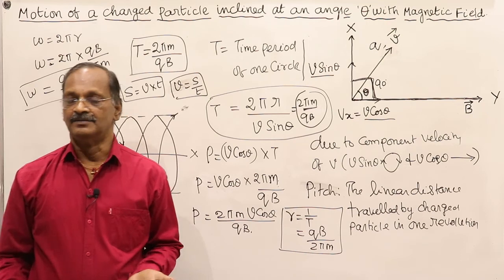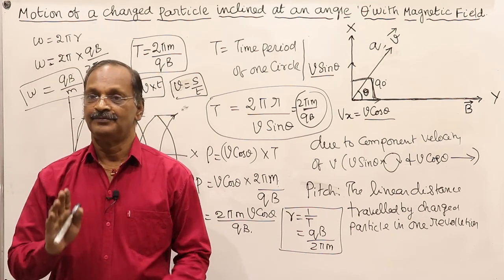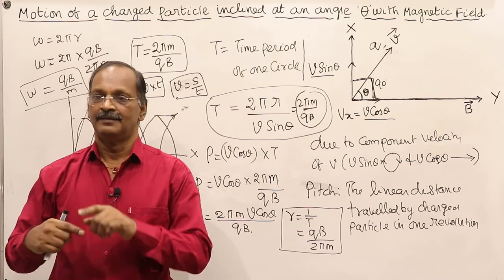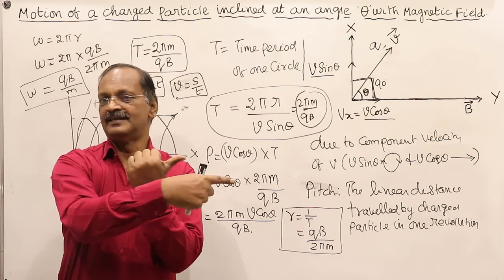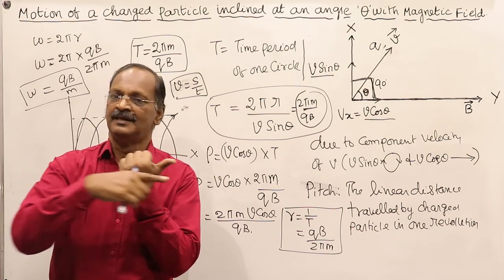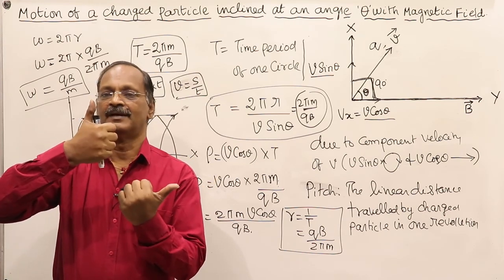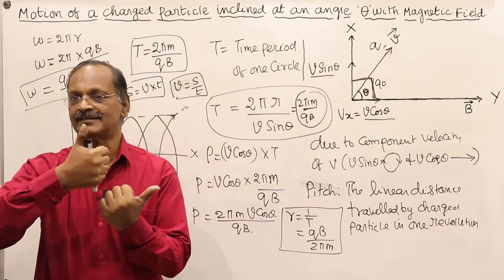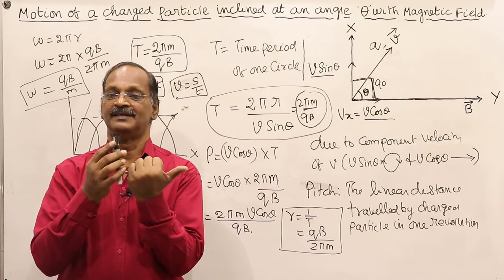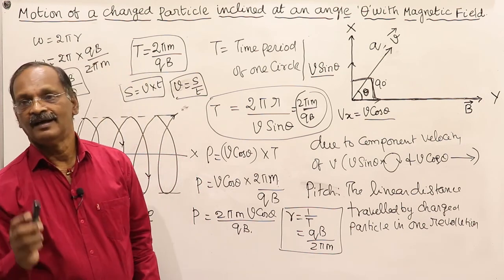So in conclusion, if a particle enters with a velocity at 0 degrees to the magnetic field, the magnetic force on the particle is 0. If it is 90 degrees, the magnetic force is maximum. Or if it is 180 degrees, then also it is 0. But if it is entering at an inclined angle, it will have two components.